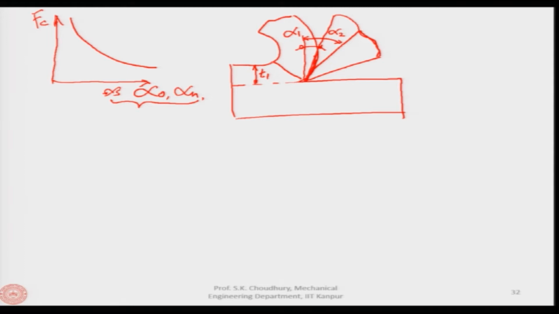Then the chip will flow like this and the shear plane will be different. If the shear plane was here for alpha 1, for alpha 2 it will be like that. The angle between the shear plane and the cutting velocity vector is called the shear plane angle. Let us say this is phi 1 and this is phi 2.